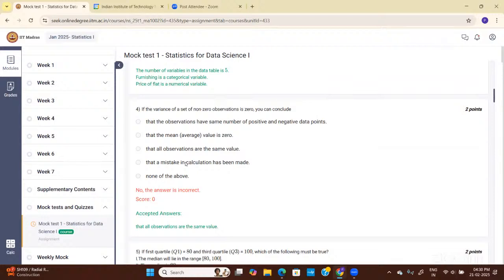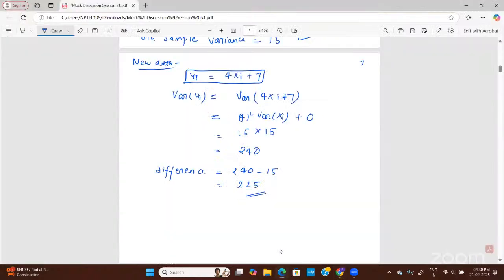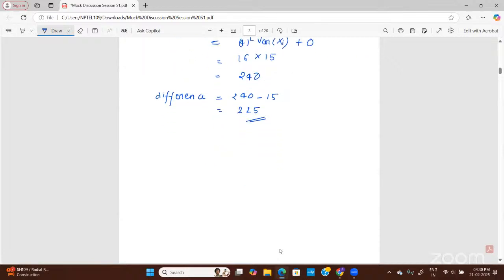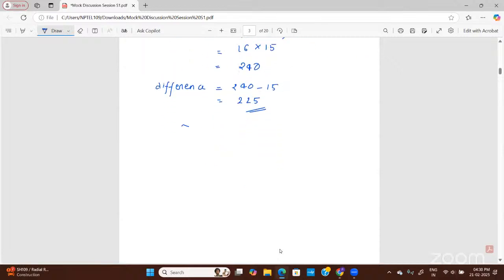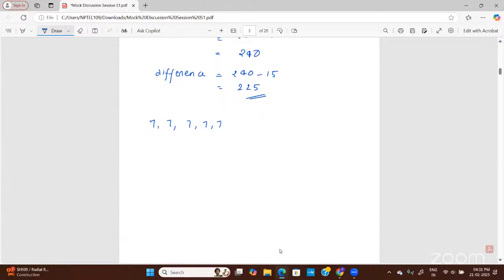So when we have all the data points the same, suppose we have 7, 7, 7, 7, if you calculate the variance, what do you understand by variance? Variance tells us about the variability in the data set. Here we can see that there is no variability. All the values are the same, right? So variance will be 0 for this kind of data set.